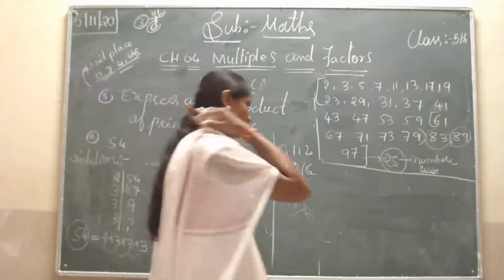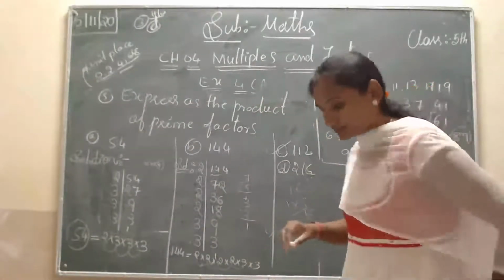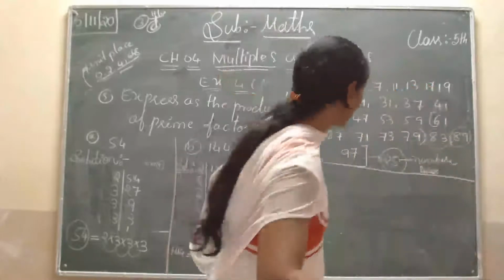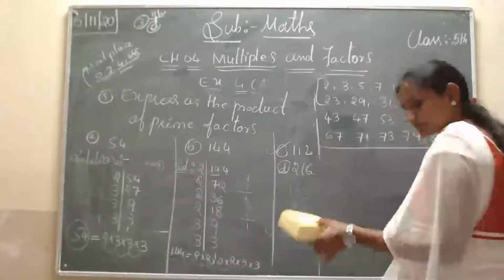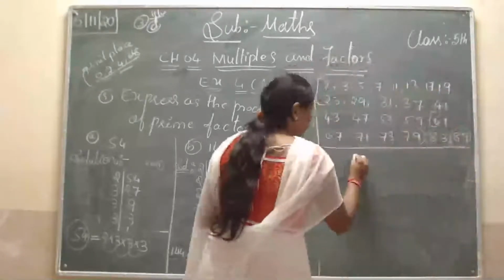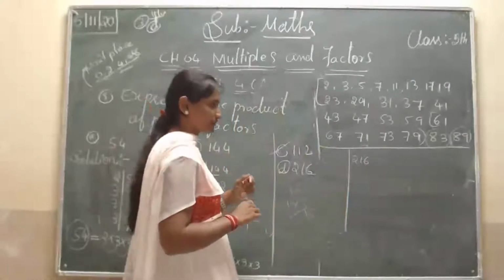Yes students, I will do this homework again in C1. Now I will explain D1. Can you observe, students, in D1? 216 means you will use the factorization method.